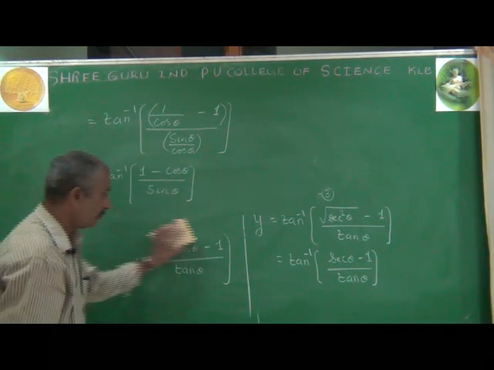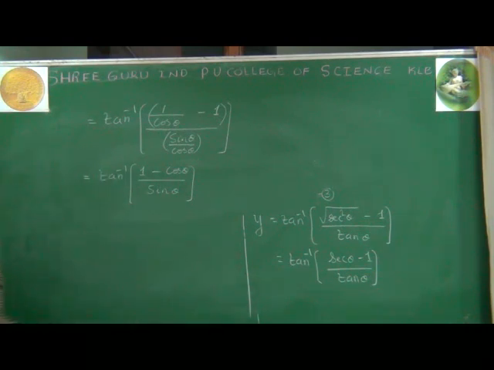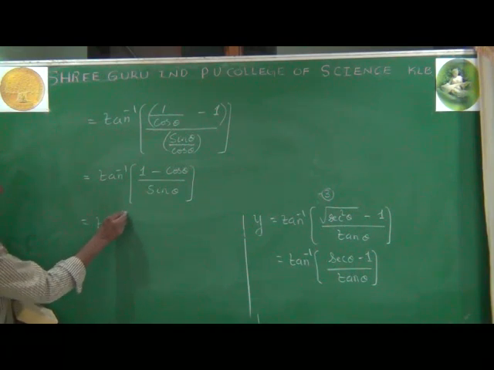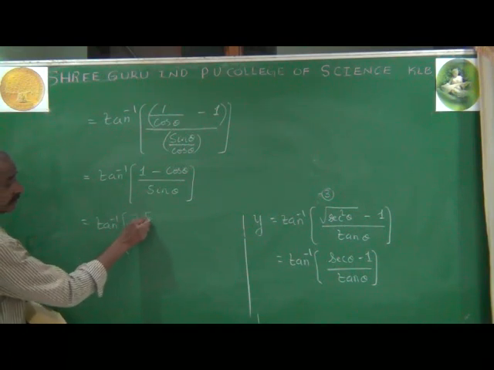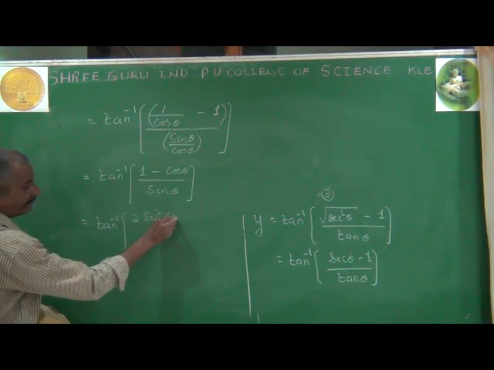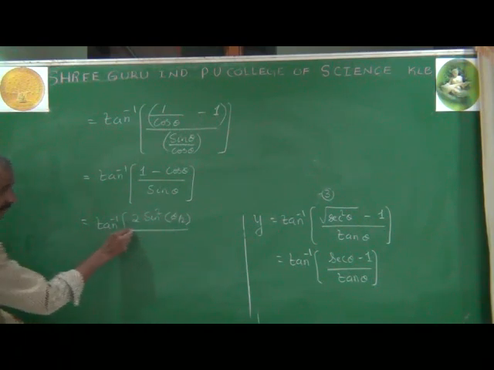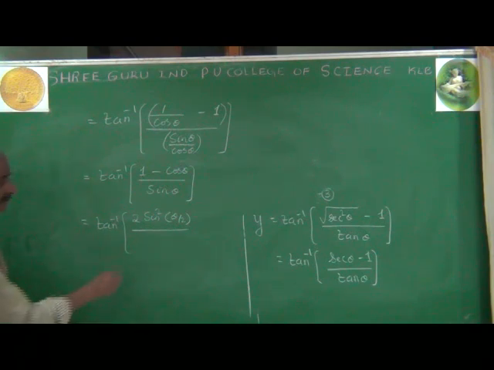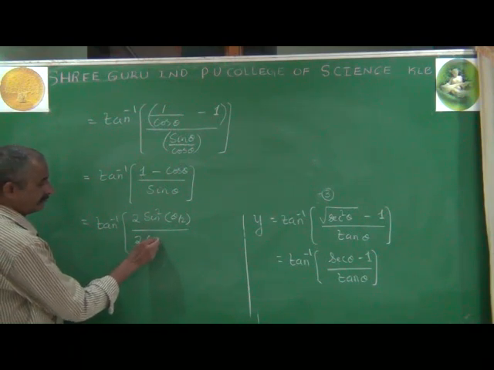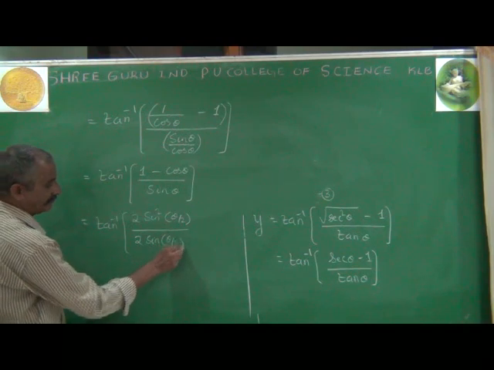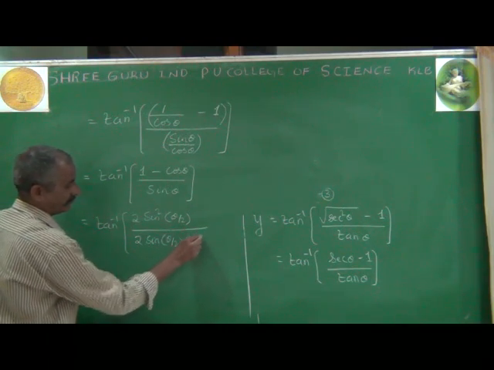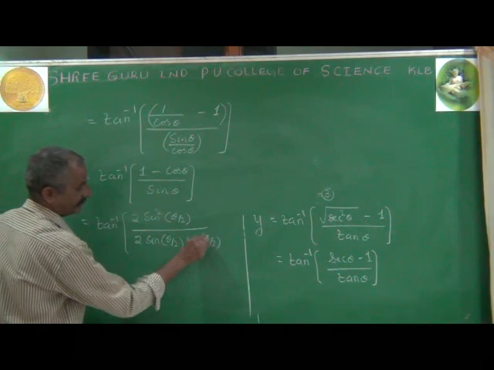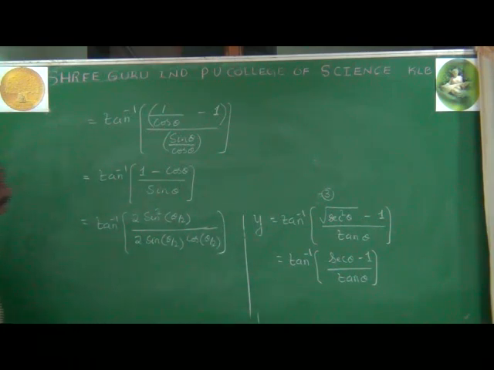Let's apply trigonometry formulas. That equals tan inverse of: 1 minus cos theta, whose formula is 2 sin square theta by 2, whereas the sin theta formula is 2 sin theta by 2 into cos theta by 2. Naturally, 2 cancels out because it is a non-zero term.